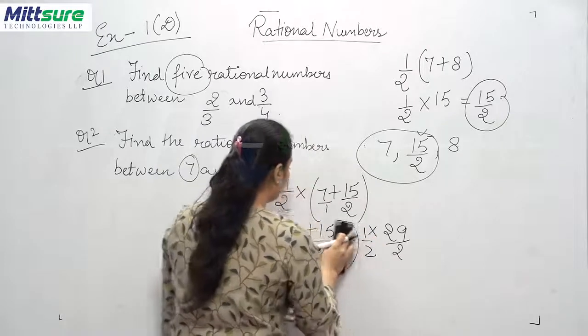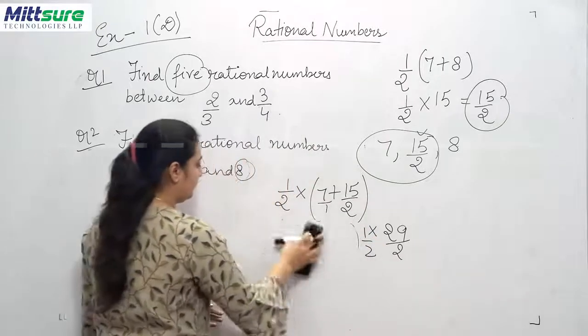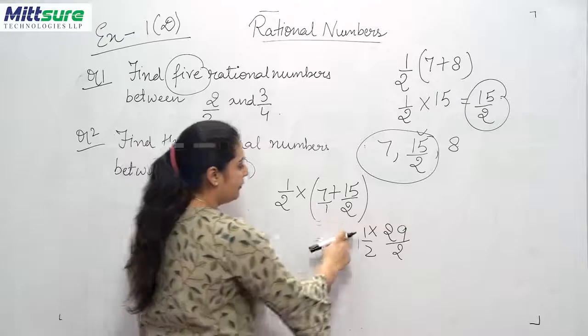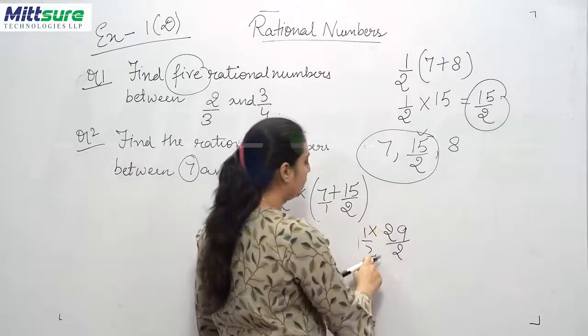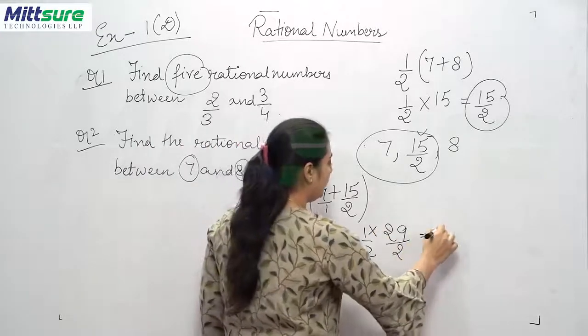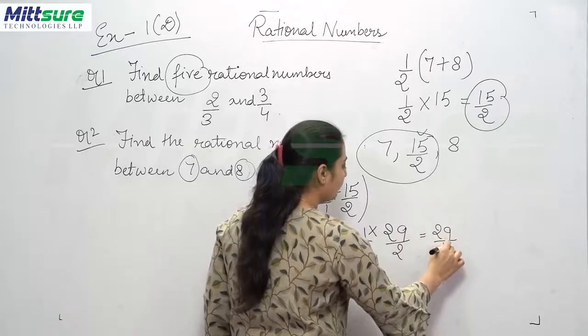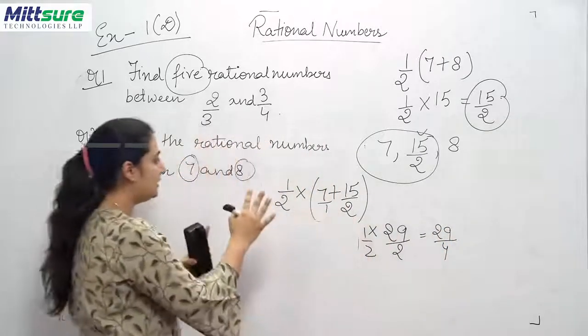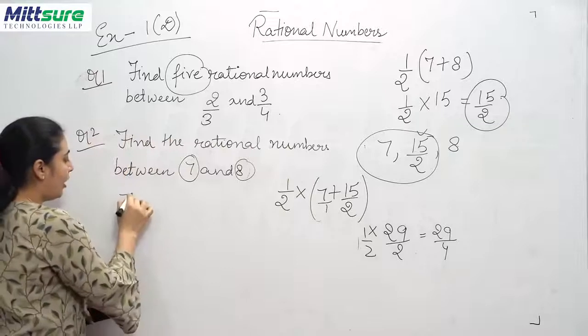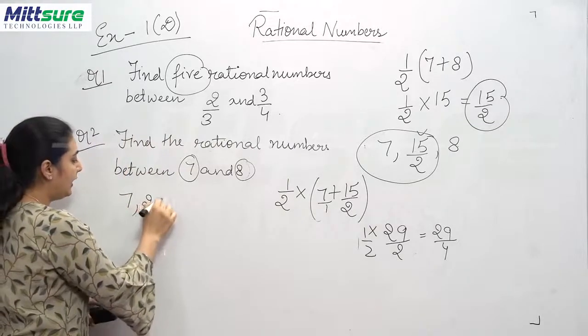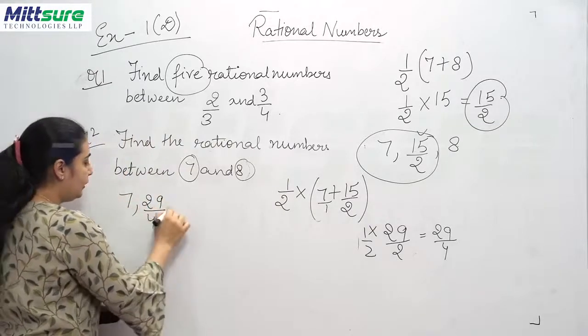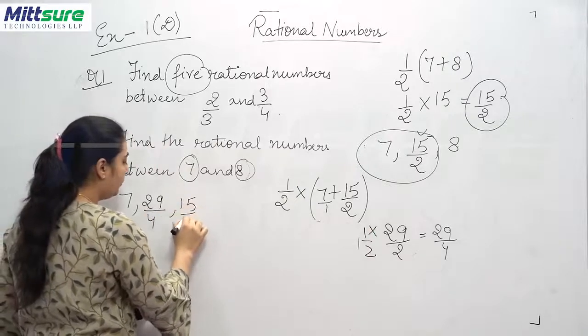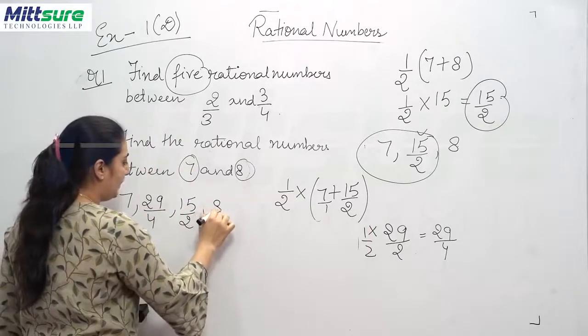This is the next step of this calculation. Now when you multiply 1 upon 2 into 29 upon 2, you get 29 upon 4. So the range increases like this. Now after 7, you have 29 upon 4, then you have 15 upon 2, then you have 8.